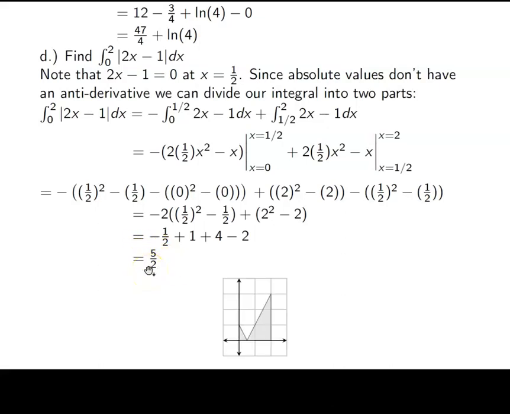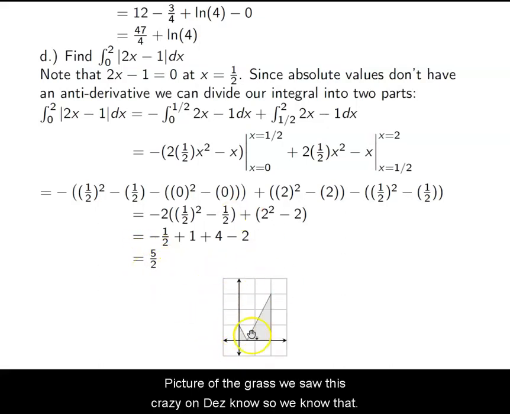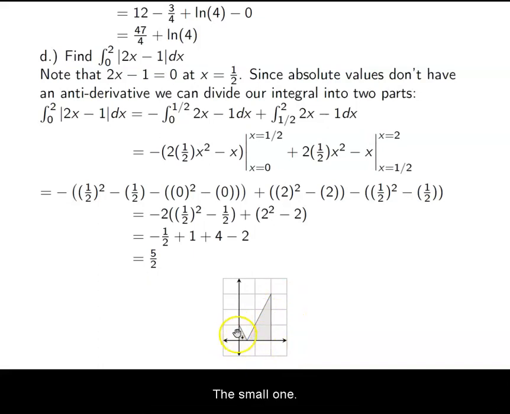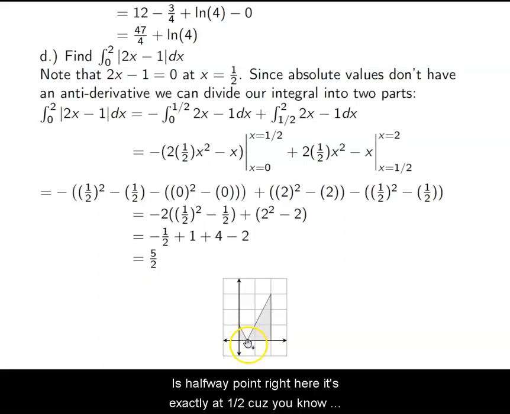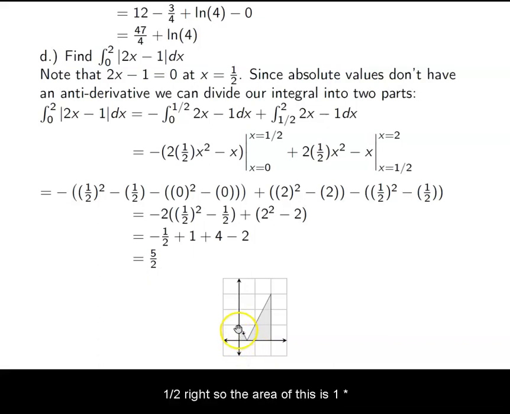Okay. A picture of the graph. So we saw this earlier on Desmos. So we know that this small one, this halfway point right here, it's exactly at 1/2 because we know this is 2 different lines. So a height of 1 and a length of 1/2, right? So the area of this is 1 times 1/2 times half.